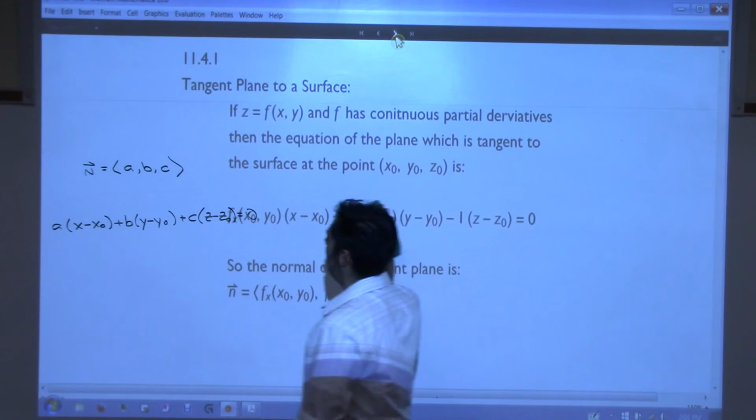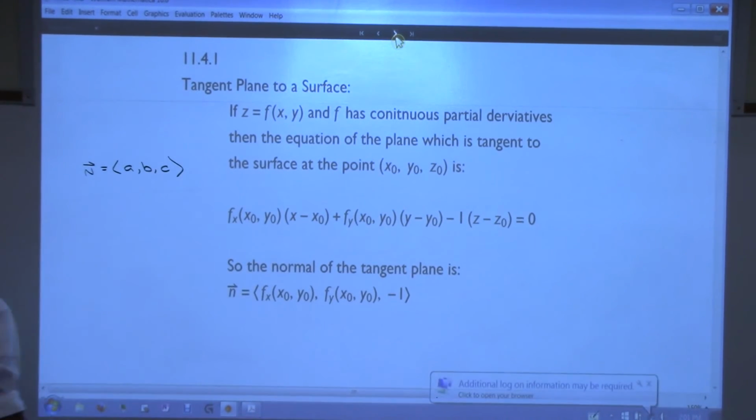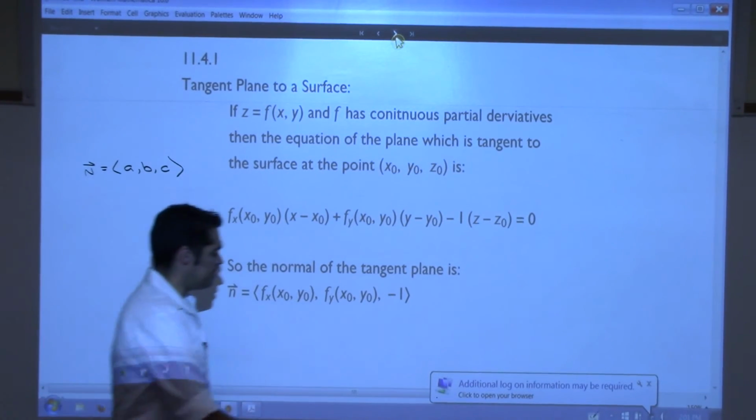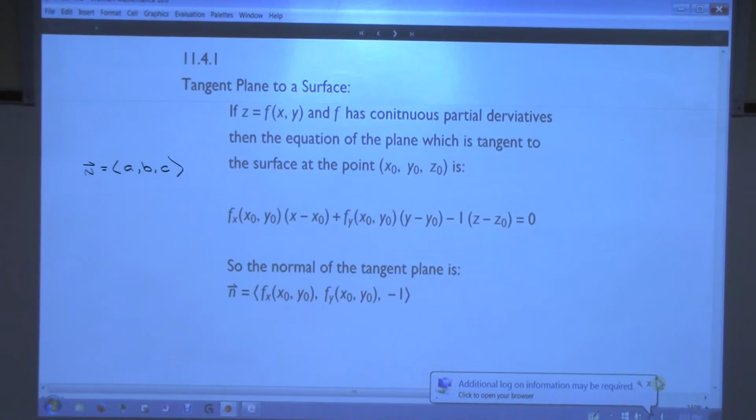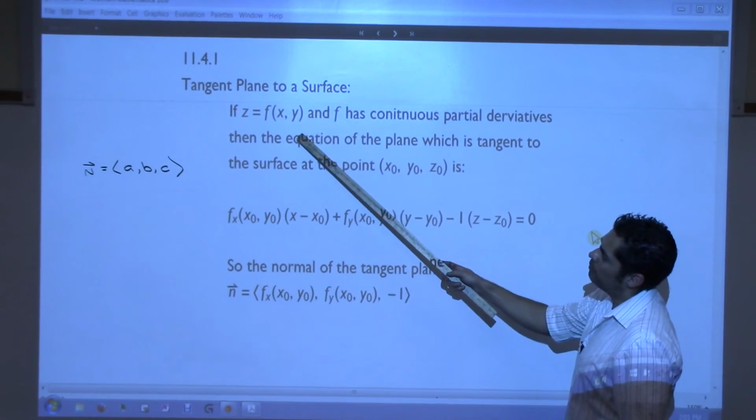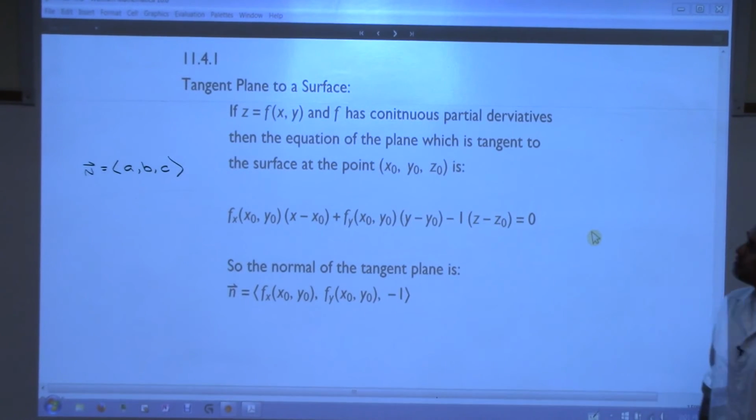There the normal vector was ABC. Now look at what I have here. A tangent plane to a surface. So we have some surface living there in three-dimensional space. If we've got this surface and it has continuous partial derivatives, then the equation of the plane which is tangent to the surface at a given point is given by this right here.